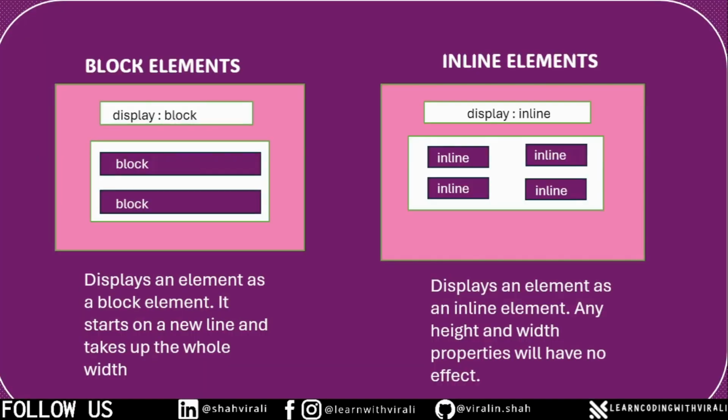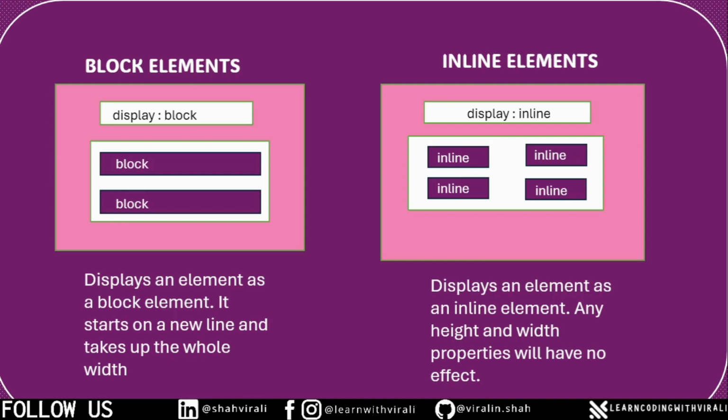Let us see a brief difference between what we actually mean when we say display as block and display as inline. First of all, let us take a look at certain block level elements. If you specify the CSS property for any element as display: block, that simply means it is going to display your element starting on a new line, taking up the whole width.